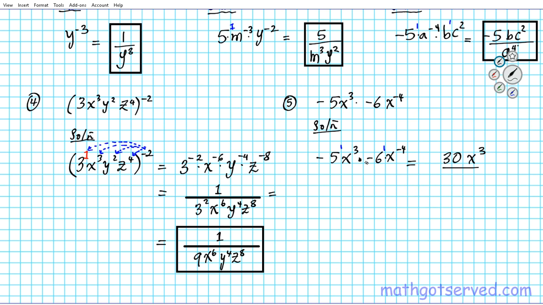Since it's being multiplied, it's still a factor of this product right here. We're going to reciprocate it, okay? So it's going to go x to the fourth power. See that? All right, now we can use the quotient property of exponents to finish this off.